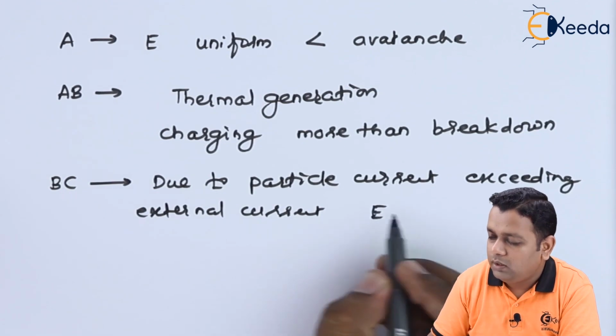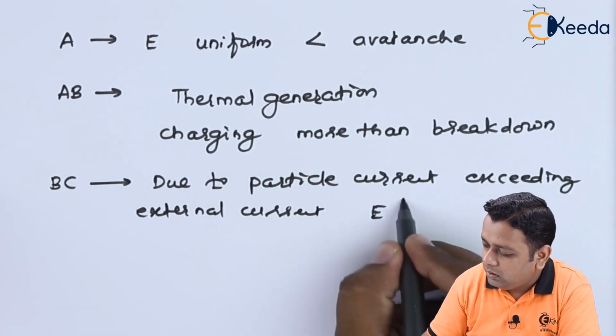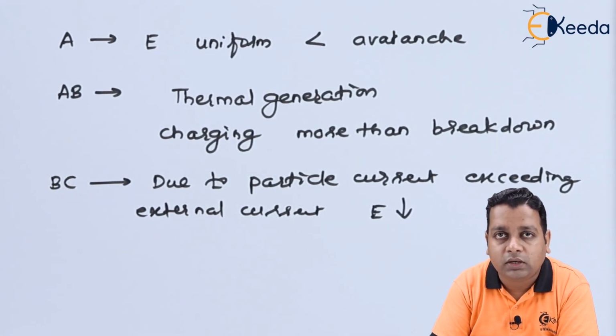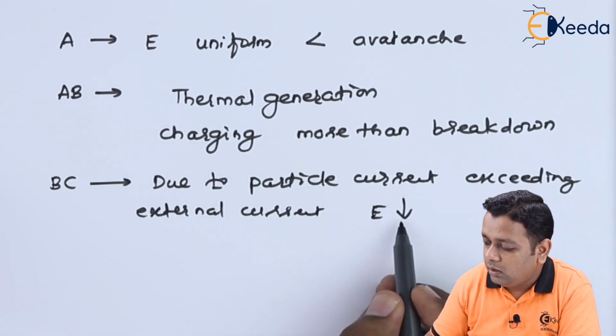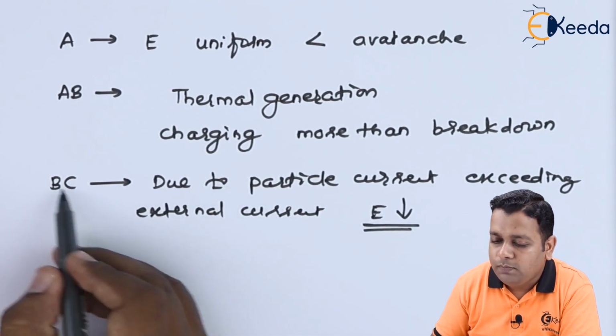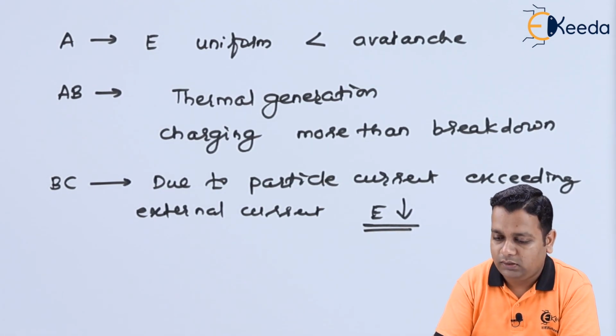The electric field that we denote with capital E will be depressed throughout the depletion region. In the diagram, the depletion region has been shown to you. So there will be a depression, or simply a decrease. Therefore from B to C, there will be a drop in the curvature that we have shown in the graph here.